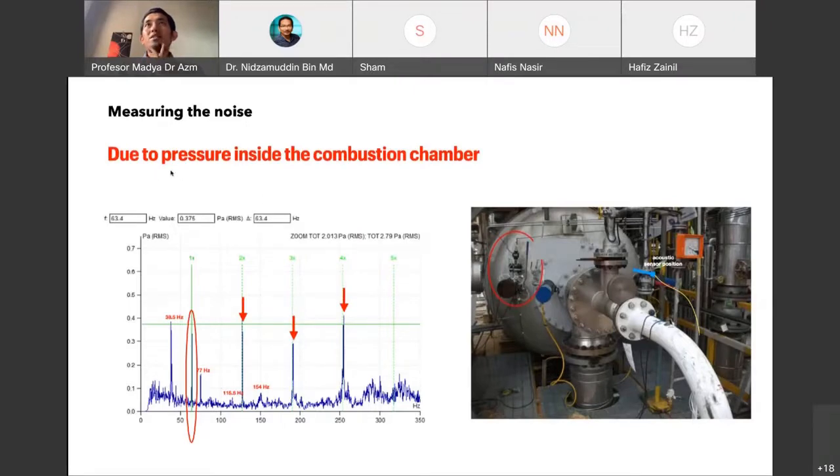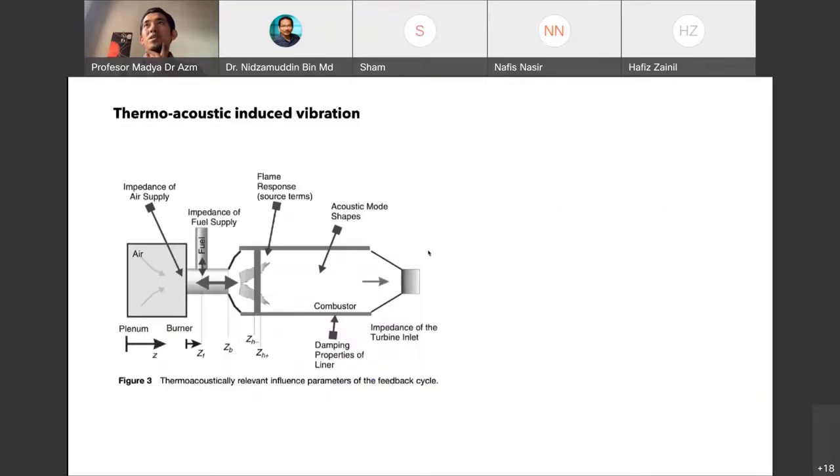So what we find is the pressure inside the combustion chamber, and this is related to thermoacoustic induced vibrations. So we have the nozzle that ignites the flame, and then it will burn the gas inside, and the flame and everything has its own frequency.